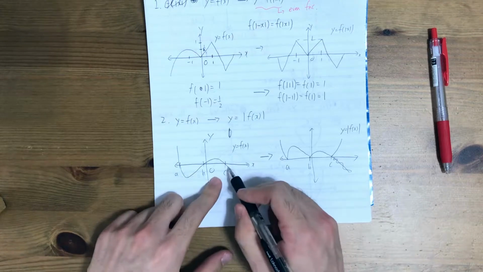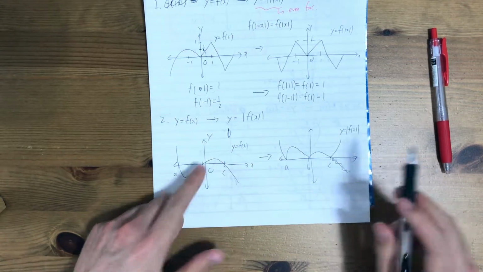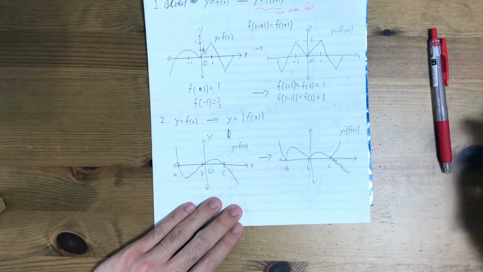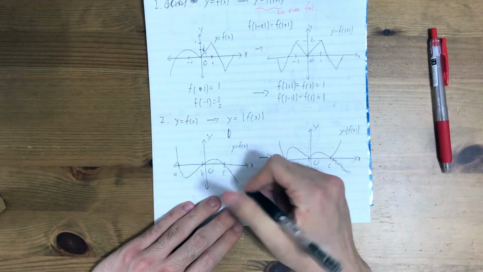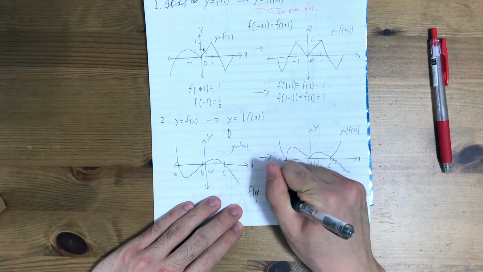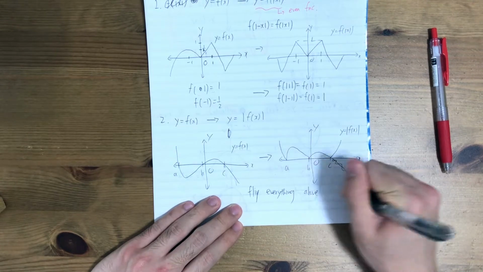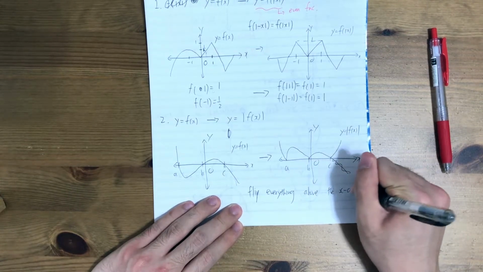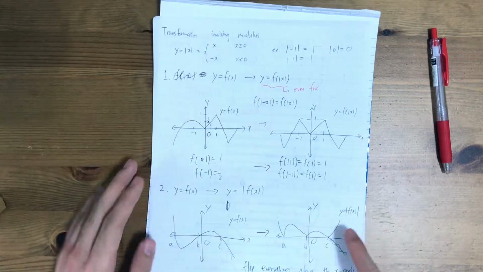So every negative value of f(x) becomes positive. Okay, so just flip everything below the x-axis above the x-axis. Okay, so that's it for the transformation involving modulus.